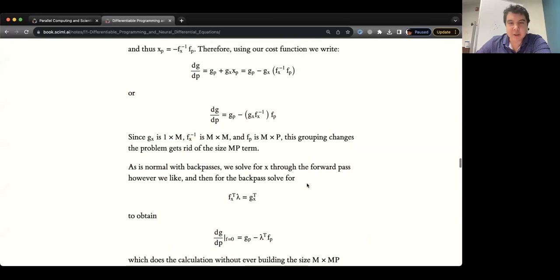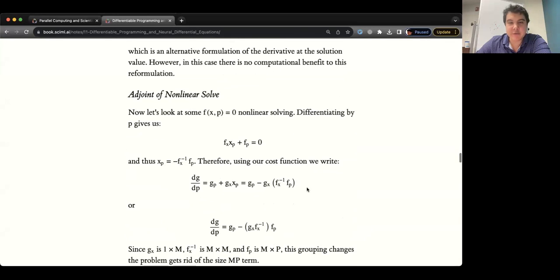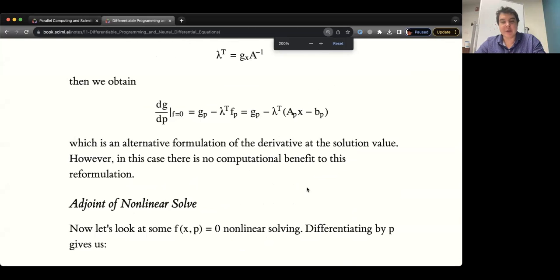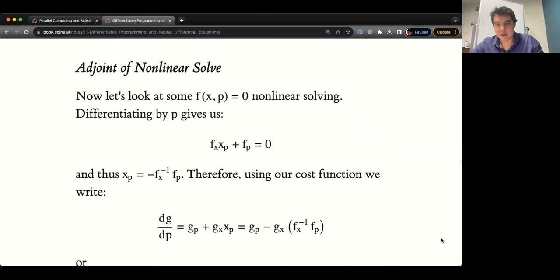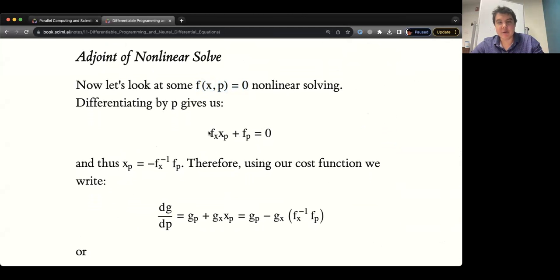So I'm going to switch over screens here to the lecture notes I give. In the lecture notes, I actually do the derivation a completely different way using the implicit function theorem. Using the implicit function theorem, what we say is, if we want to solve f of x comma p equal to 0, we can differentiate the solution of Newton's method at the root by p.